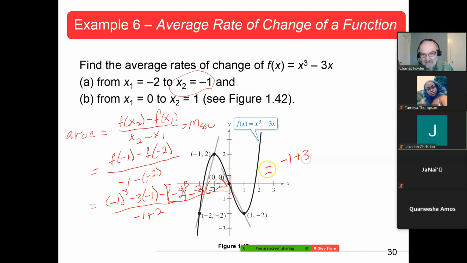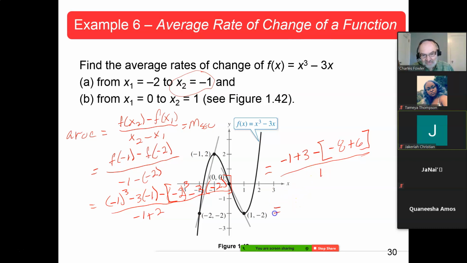Minus, here's your bracket, negative 2 cubed is negative 8. And then minus 3 times minus 2 is plus 6. Over, and this came out being negative 2 plus 1, plus 2 is 1.